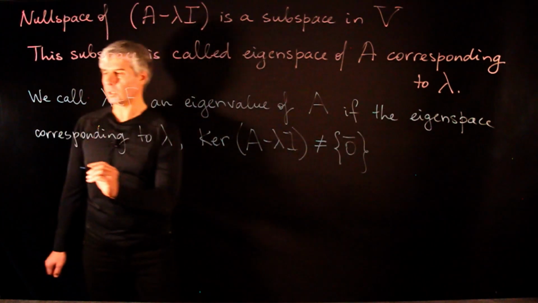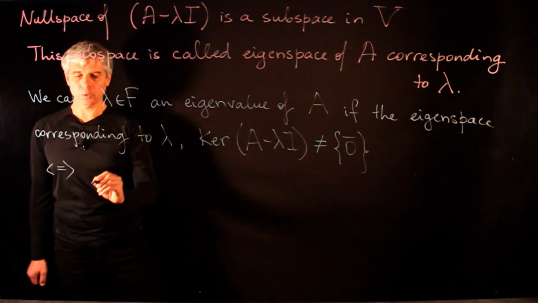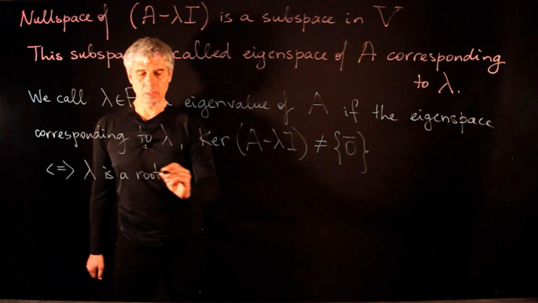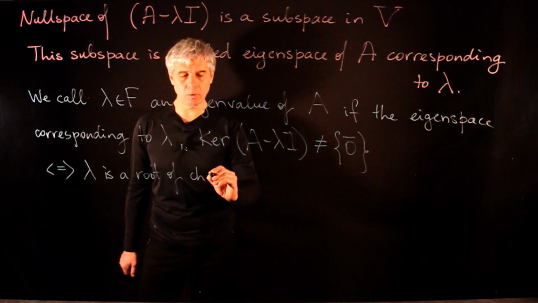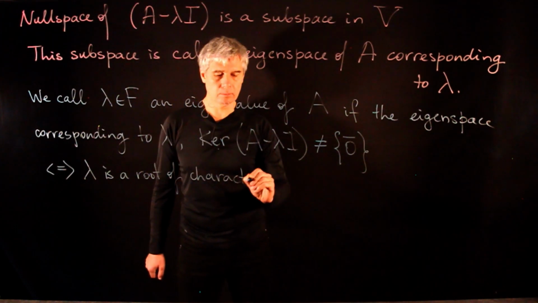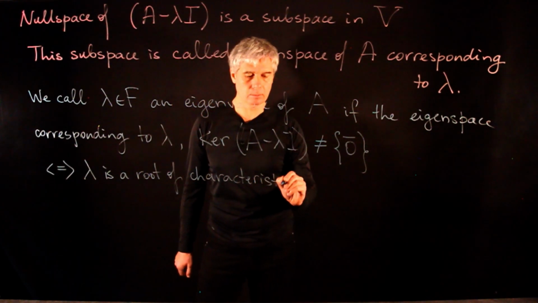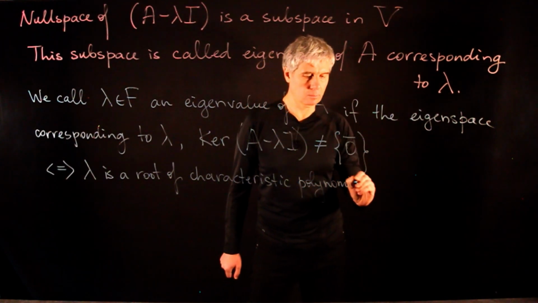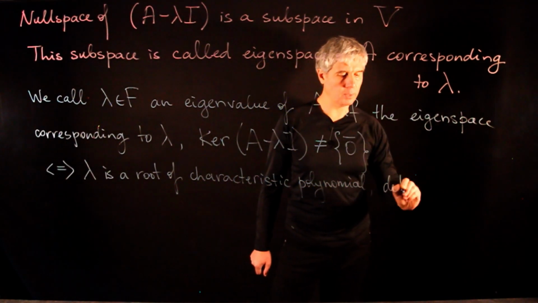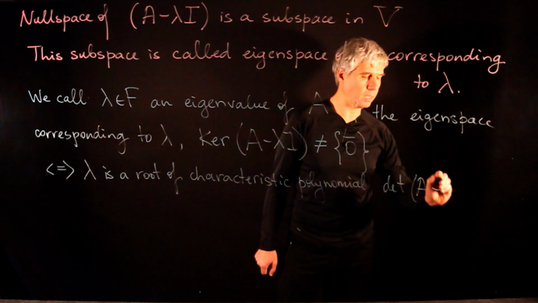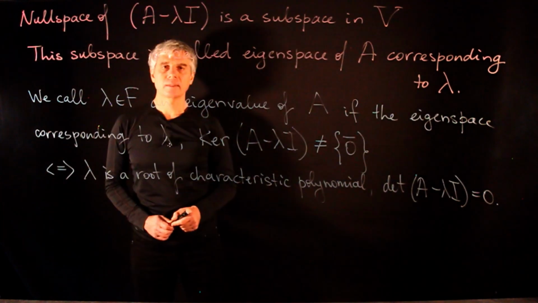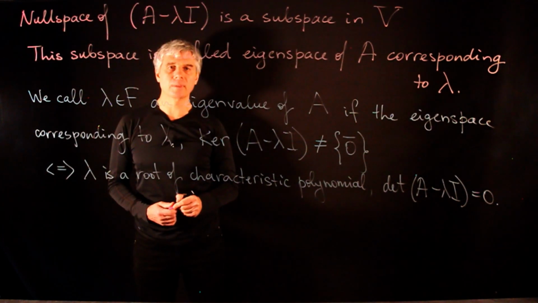And as we saw, this is equivalent to saying that lambda is a root of the characteristic polynomial, determinant of A minus lambda I is equal to 0.